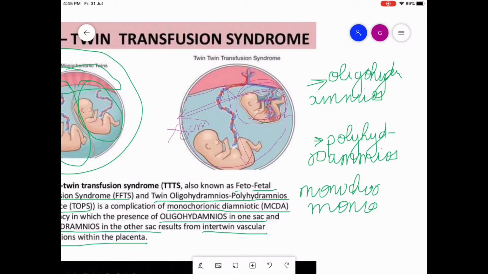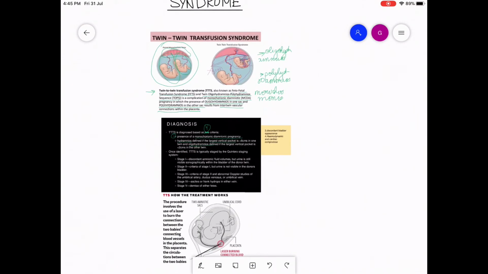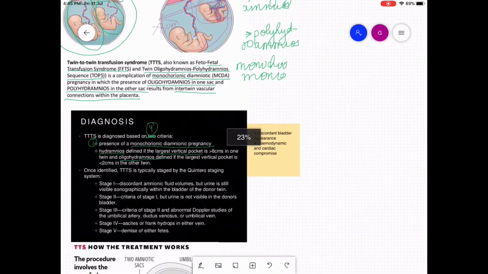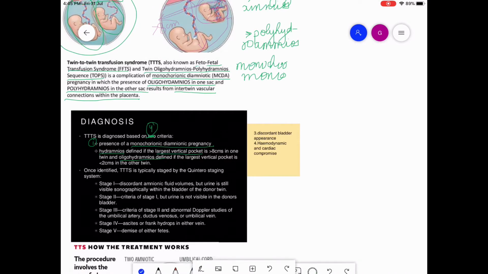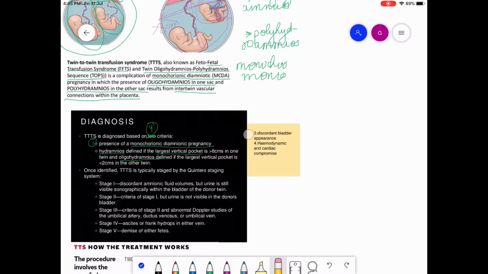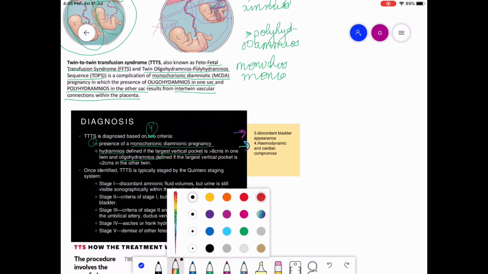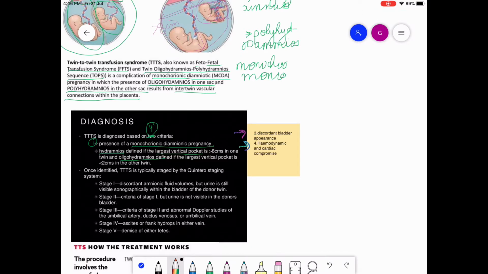The third one is that they should have a discordant bladder appearance, and number four is that hemodynamic and cardiac compromise will be seen. So now how do we stage it, if we have diagnosed that there is twin to twin transfusion syndrome?